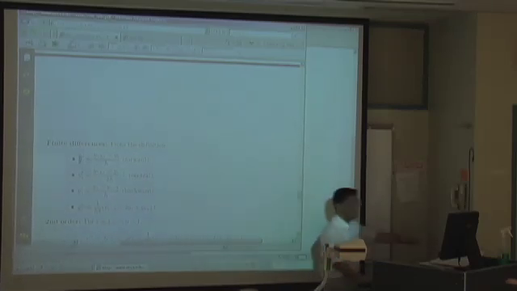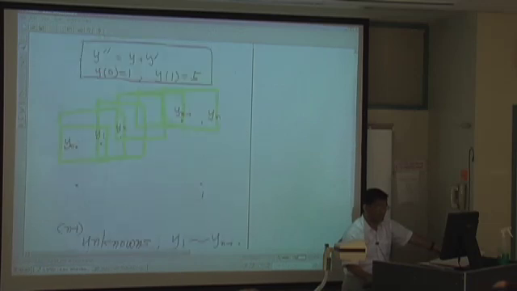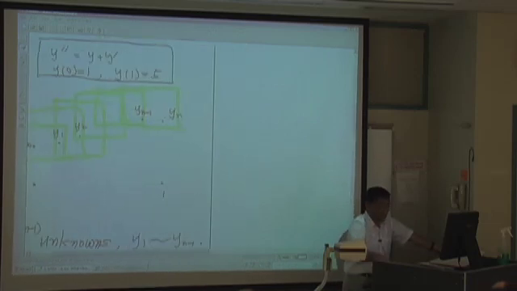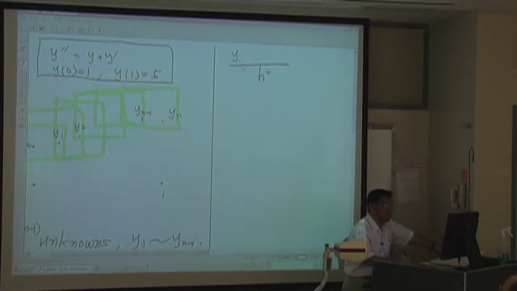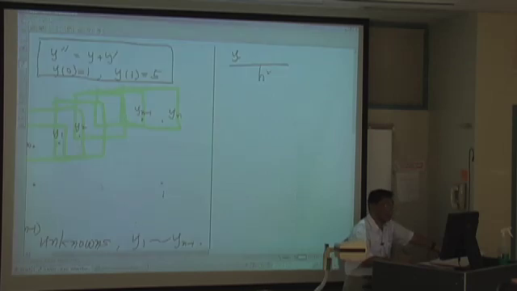So let's convert. I will convert my differential equation using the chart. Y second derivative is converted to what? It is yi plus 1 minus 2 yi plus yi minus 1, right? So this is the conversion of this thing.